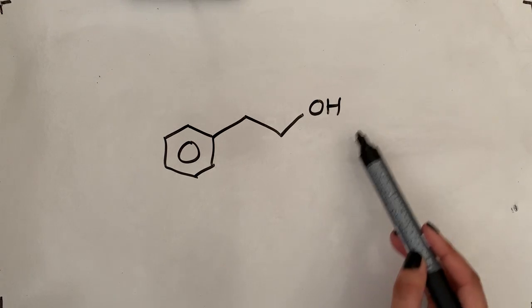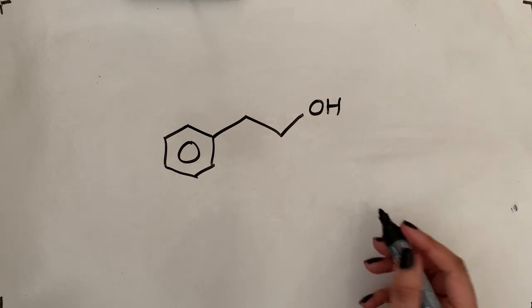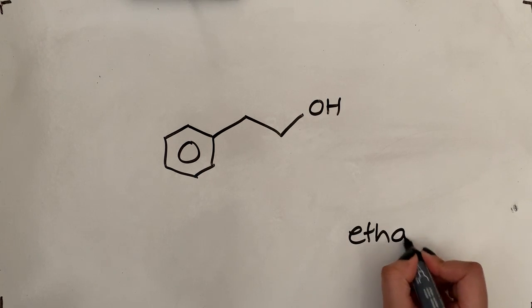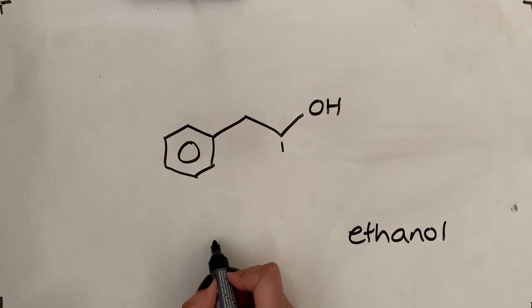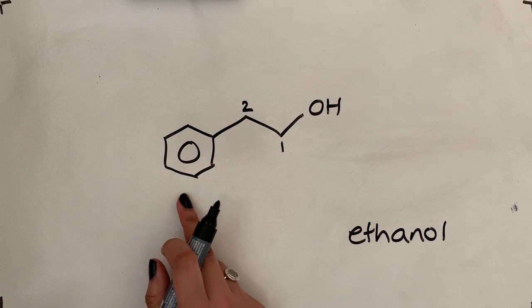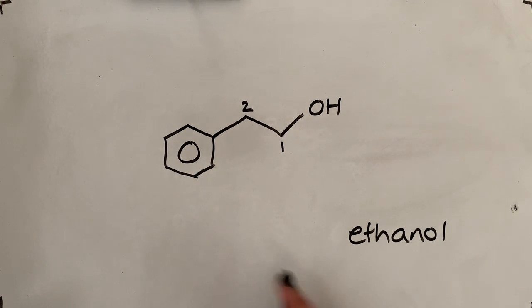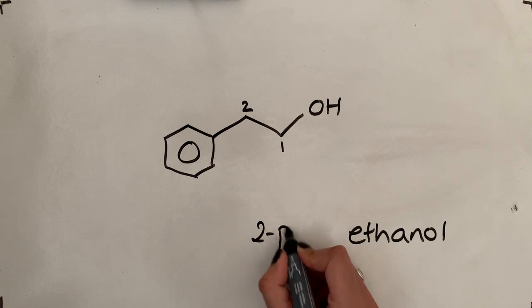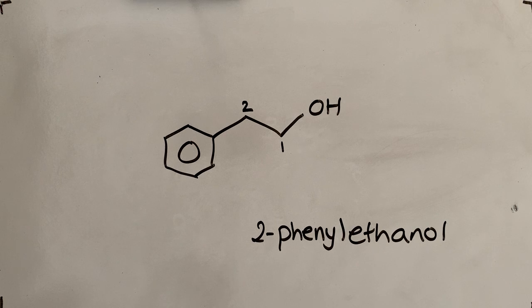So this functional group here is the parent. So this compound here is ethanol. So this is going to end in ethanol. The OH group is coming off carbon number 1 because that's the parent, and therefore the benzene ring is a substituent, is phenyl, and therefore this is called 2-phenylethanol, like that. Okay.